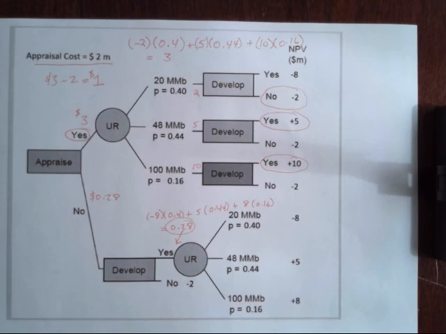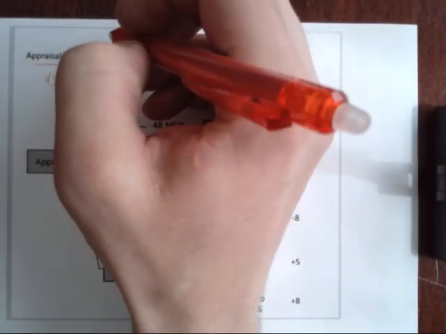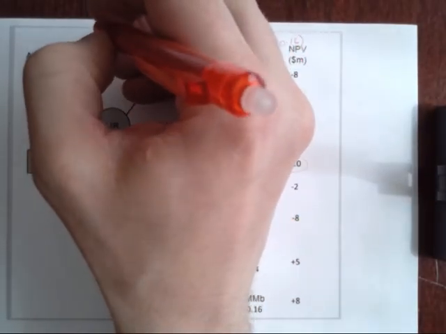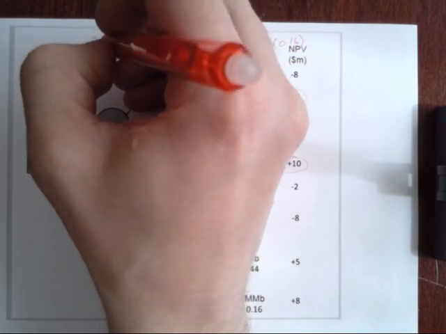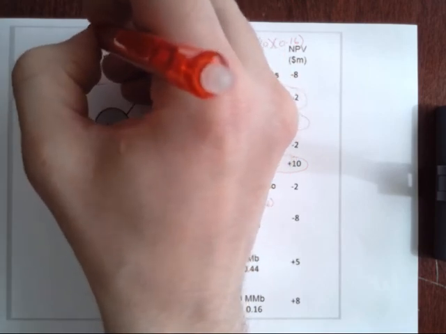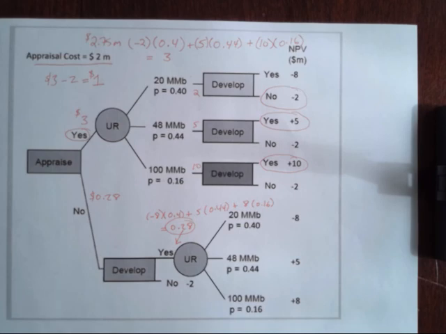But just hypothetically, if the appraisal cost was more than that, let's say something like $2.75 million, in that case what will happen is that we would take 3 minus 2.75, and we'll have a value of 0.25.